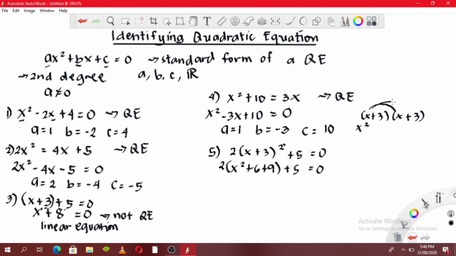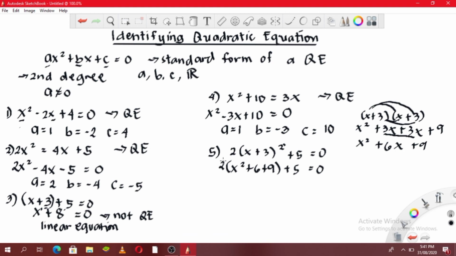X times 3, 3x. 3 times x, 3x. 3 times 3 is 9. Combine like terms. So, copy x squared. 3x plus 3x is 6x. Tapos, copy 9. Diba pareho lang sila nito? So, yung tinuro natin kanina, special product, yung shortcut. Okay? Ayan na siya, oh.